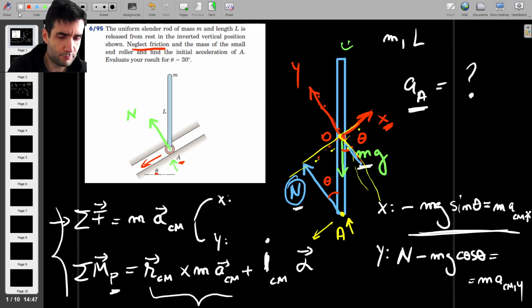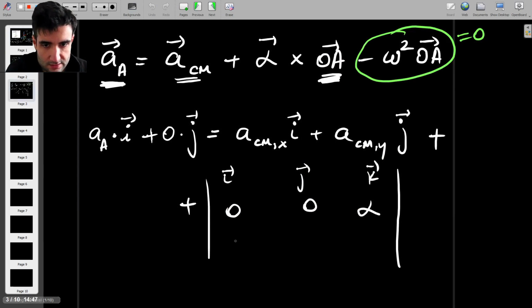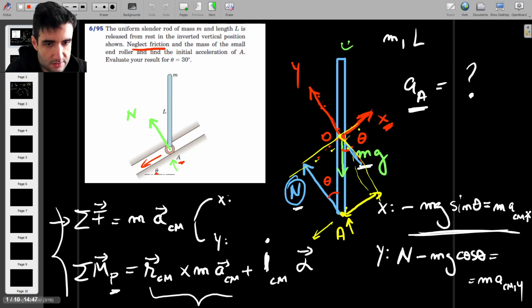So let's find the coordinates of point A with respect to the origin. So the x component should be essentially this, which is half L and then sine of theta. So it's half L sine of theta, but of course it's negative because this point A is behind point O if you measure in this coordinate system, right?